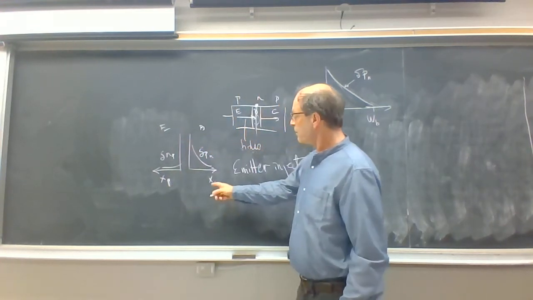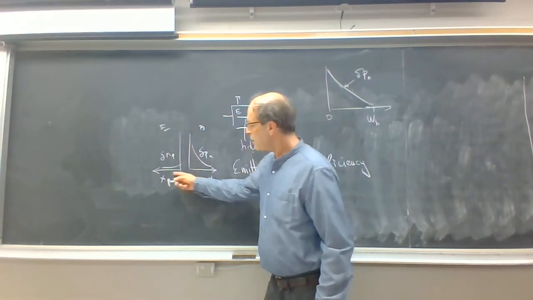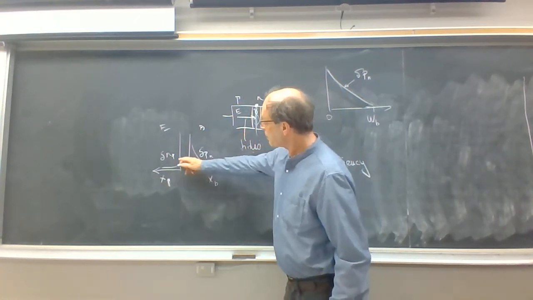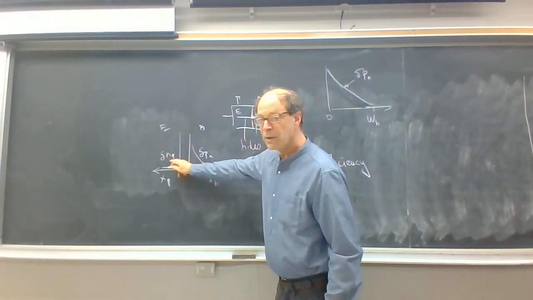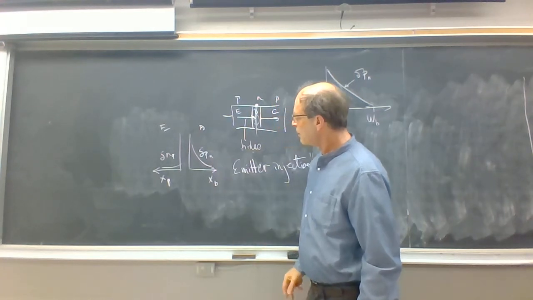So X sub B is really X sub N because the base is N type. X sub P is the emitter, which is P type. And we have excess electrons being injected into the emitter, excess holes being injected into the base.